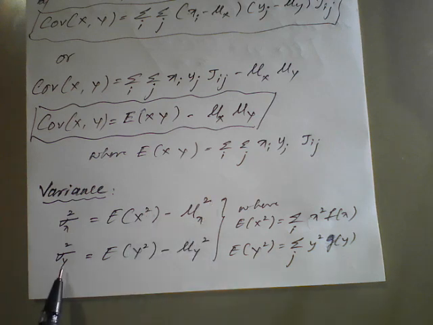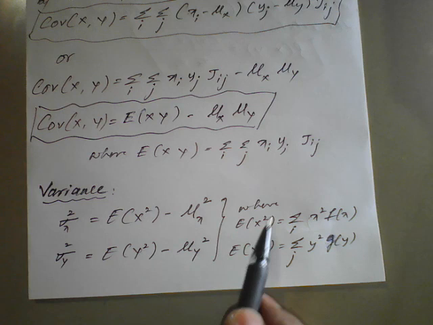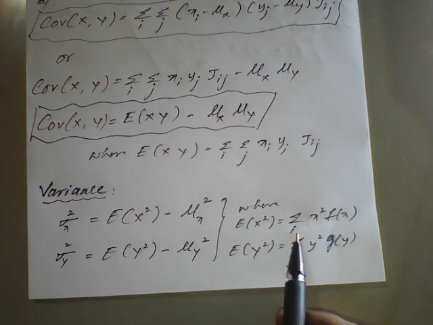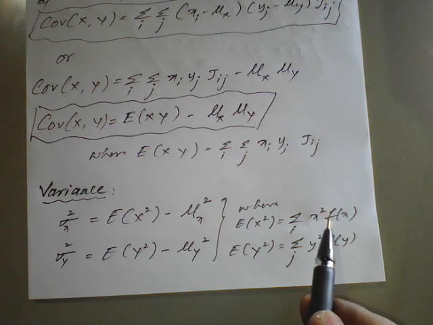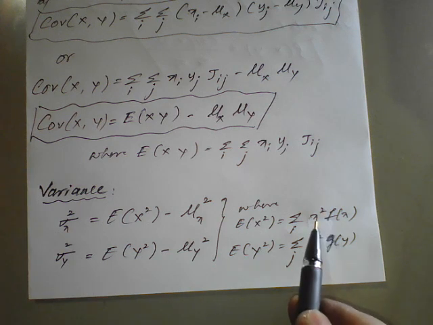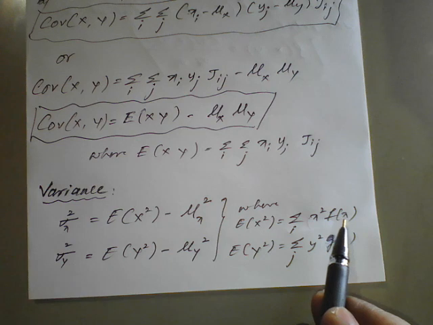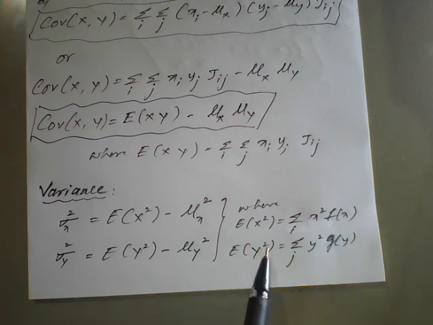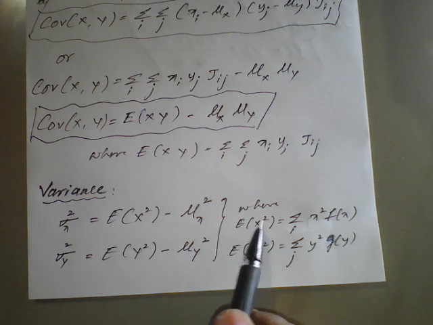And variance of y is given by the expectation of y squared minus mu y squared, where the expectation of capital X squared is given by the summation over i from 1 to n of x squared, meaning whatever the value of small x is, we square it and multiply with f of x. Then the expectation of y squared is the summation over j of y squared into g of y. So we need to get the values of expectation of x squared and expectation of y squared, and these values we have to apply.